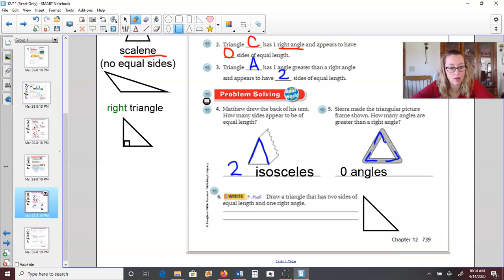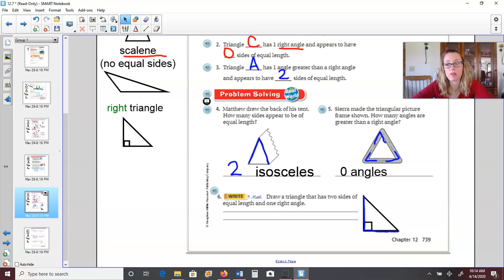This is a triangle, and you can try to draw the same one as me. It doesn't have to be perfect, but there's the right angle. And the two sides that are equal in length would be my vertical side coming down, and then my horizontal line segment going across.